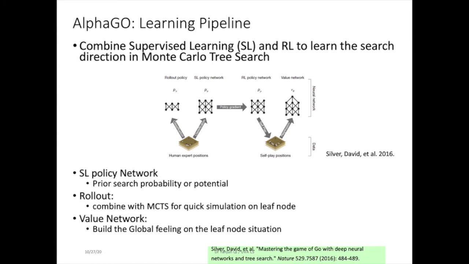Feel free to check out the details. I will not talk about it here. A classic idea proposed in AlphaGo is the policy network and also the value network.